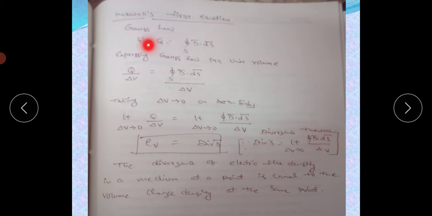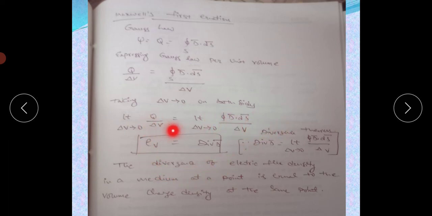So Gauss law equation: psi equals Q equals closed surface integral D bar dot ds bar. Next, divide this expression by some differential volume. So Q by del v equals closed surface integral D bar dot ds bar by del v. Next, apply del v tends to 0 on both sides. We can write limit del v tends to 0 of Q by del v equals limit del v tends to 0 of closed surface integral D bar dot ds bar by del v.